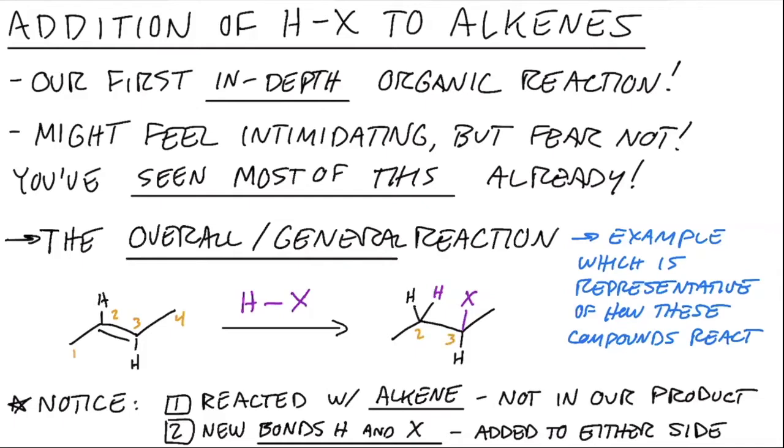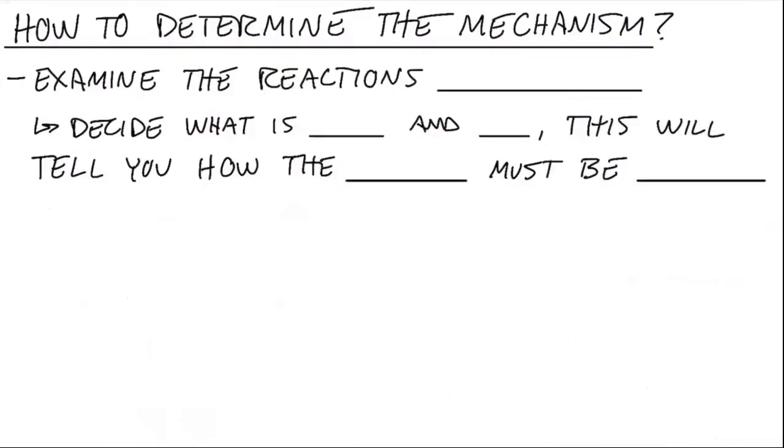So thinking about what happens over the course of a reaction, or at least what's different, will help you figure out what's happening in the middle. And that's one of the big pieces, like I've always said, that we really care about as organic chemists, is how this stuff happens. So we love to talk about mechanisms and try to figure them out. And so how do you figure out a mechanism?